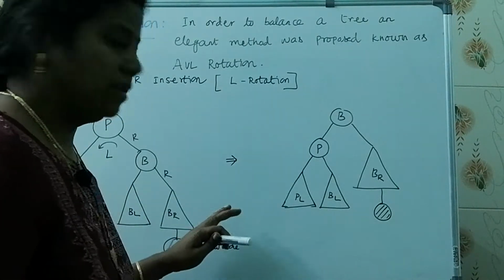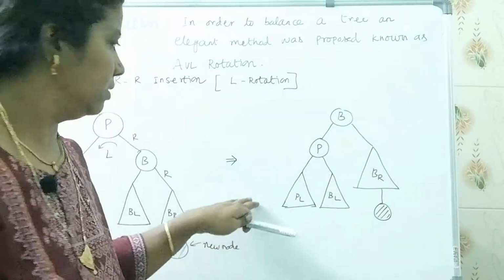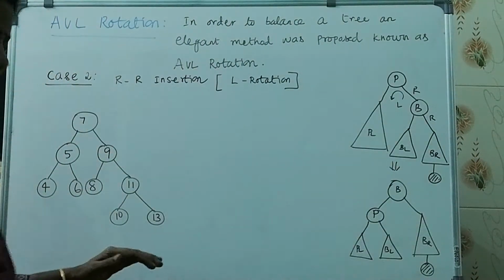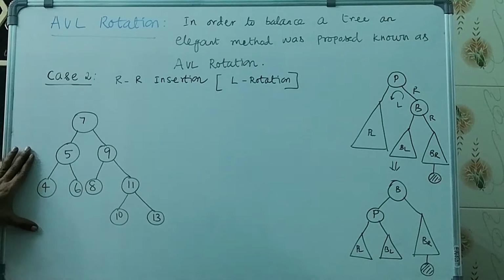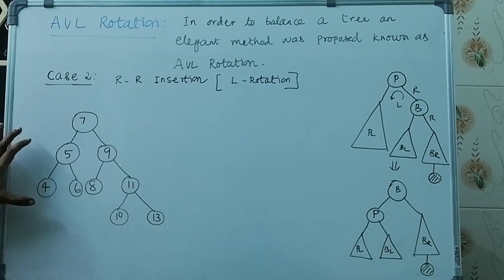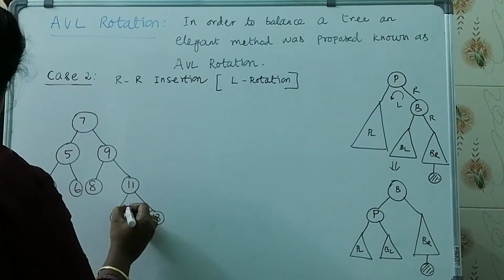Now let us take an example in order to understand case 2 better. Now this is a binary search tree, or this is an AVL tree, which satisfies the binary search tree property as well as the balance factor. Now let us calculate the balance factor for each node.